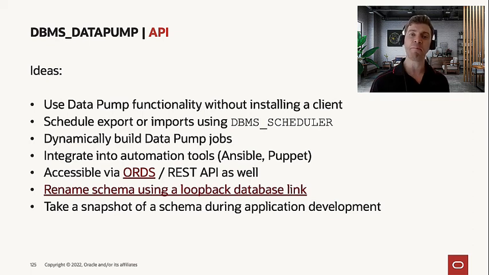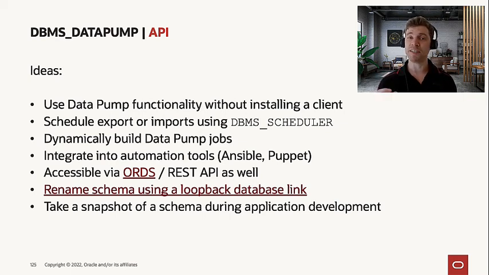It's much more simple. You don't need to store your password in text files or call Oracle Wallet. It's already inside the database, so it's much more simple in that sense. Also, you can put dynamic things in there, maybe based on the number of schemas, you maybe increase the number of parallel workers, for example, or get the schema names from a certain table inside your database. So there is a lot of logic you can put there.